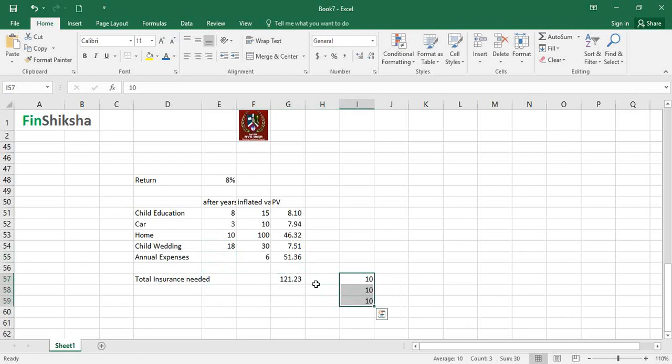And in fact would have made some investment return on it as well, but let's assume we are ignoring that. So technically for the first few years you need maybe the entire insurance, but after that you'll probably need a declining insurance requirement as the person keeps saving, right?